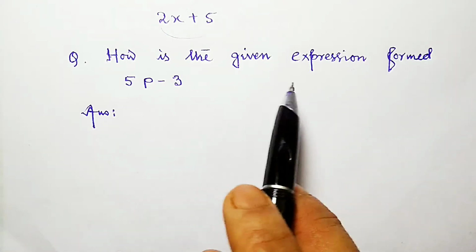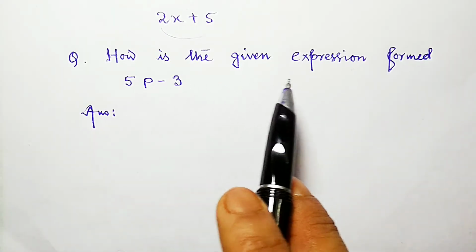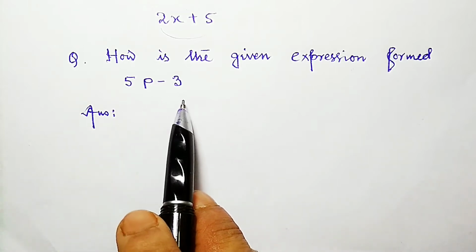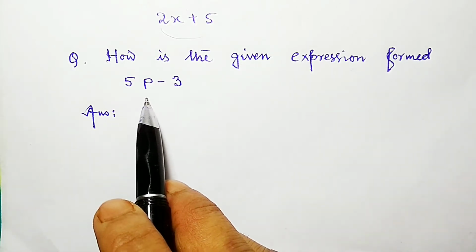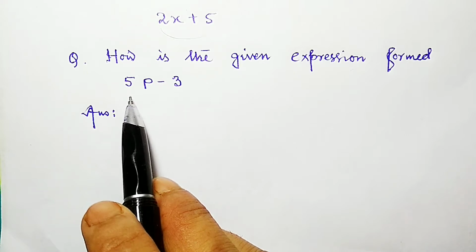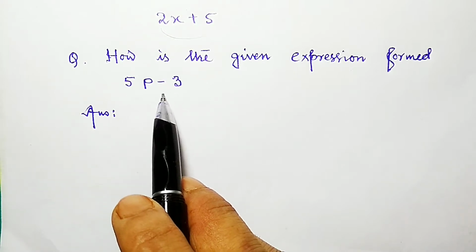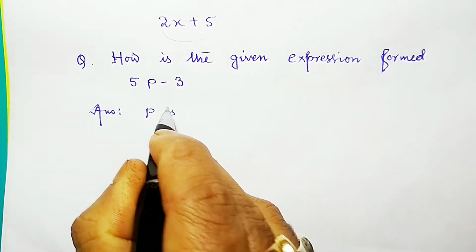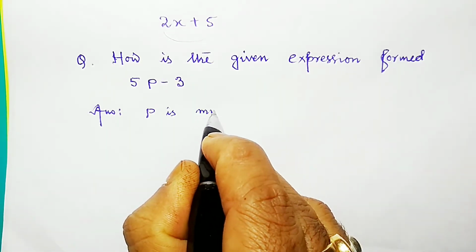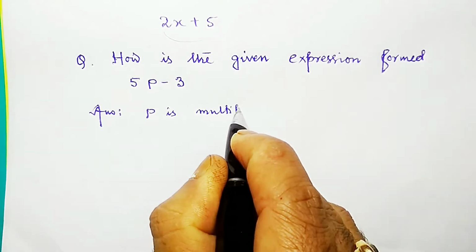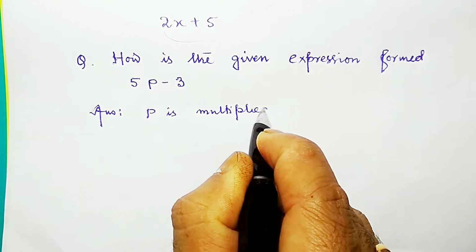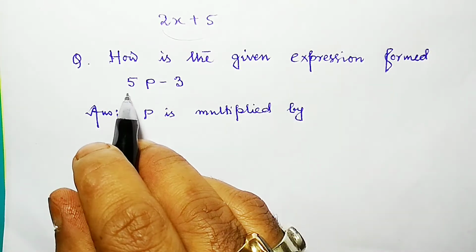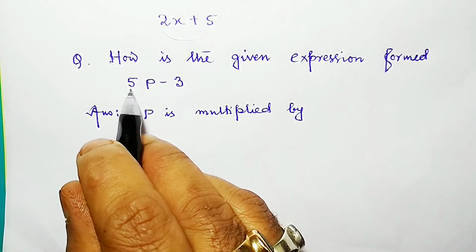Here I have written one question. How is the given expression formed? And the expression is 5p minus 3. Here p is multiplied by 5 and then 3 is subtracted from it. So we can write p is multiplied by which number? By 5. Because here it is 5p, which means 5 into p.